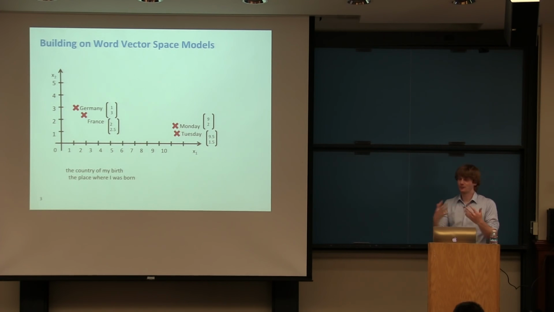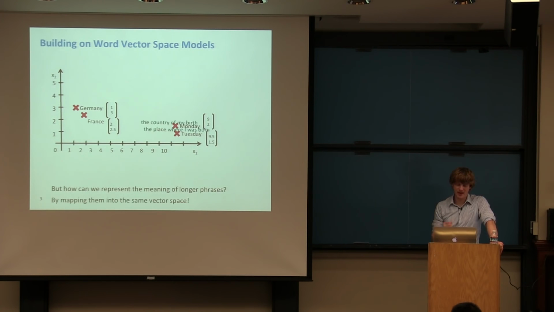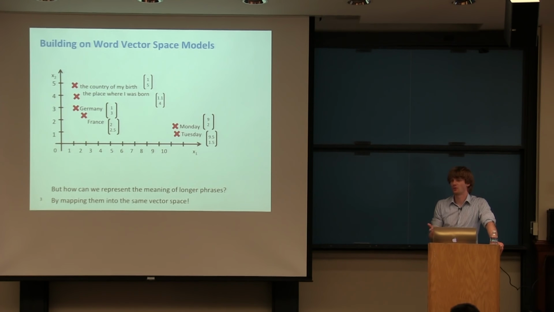And so the question is, how should we represent the meaning of these longer phrases? The answer we'll give today is by mapping those phrases into the exact same vector space where we had words.